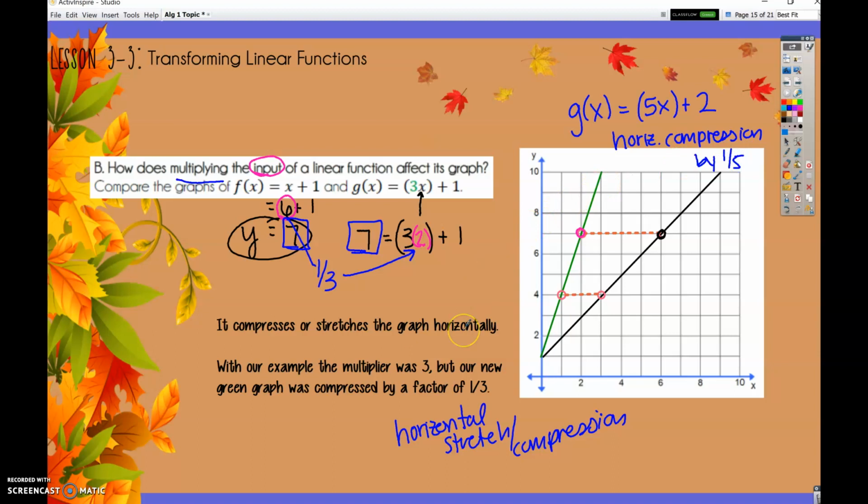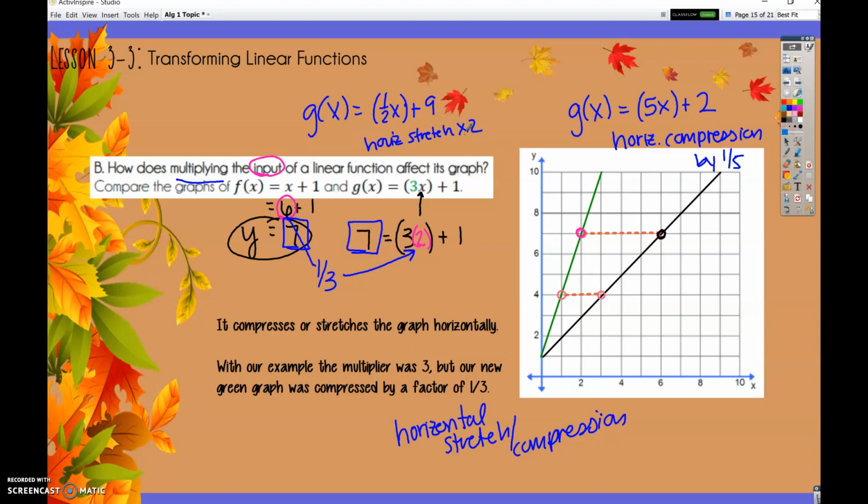It's always the reciprocal, if you will. So if someone wanted to do a multiplier of your input by a half, no matter what this outside number is, it doesn't matter. This would actually be a horizontal stretch times 2.